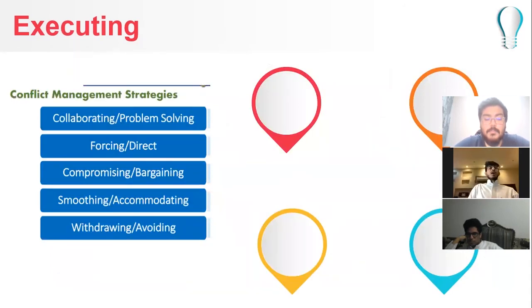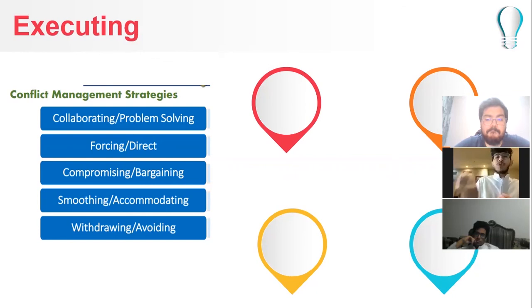Here are the descriptions of the leader. Each leader may have some of these styles. Maybe the leader is collaborating and problem solving. Maybe the leader is forcing and directing. Maybe the leader is compromising.